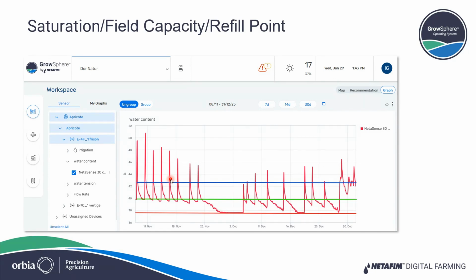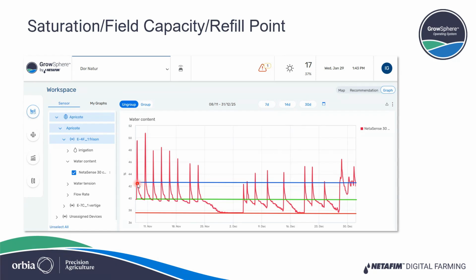When you have more than one single soil sensor, like it is presented here in this slide, you will see that once there is a decrease in the upper layer moisture, the plant will look for the water in a deeper layer. This might indicate your refill point, time to irrigate, but there might be other agronomic parameters to consider.